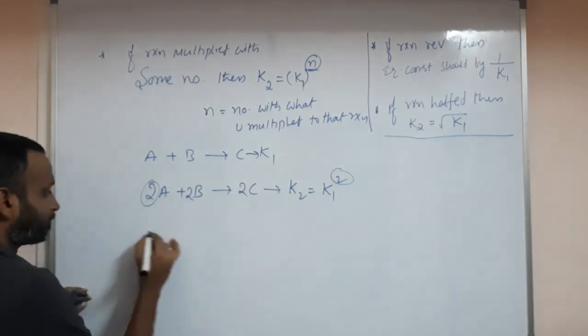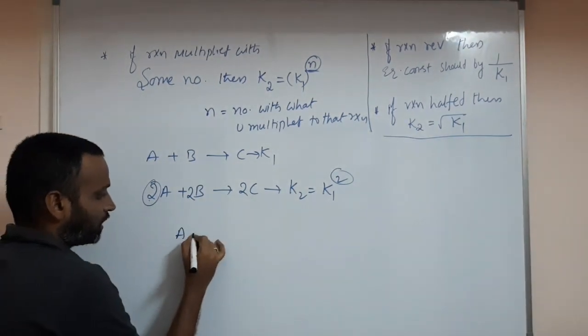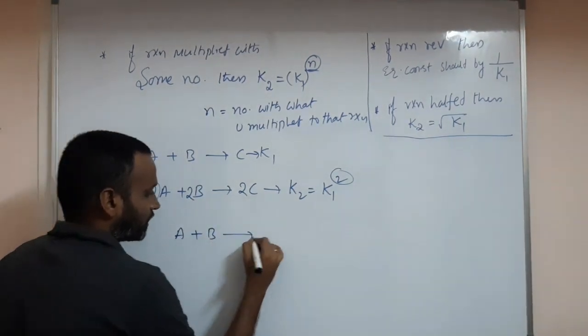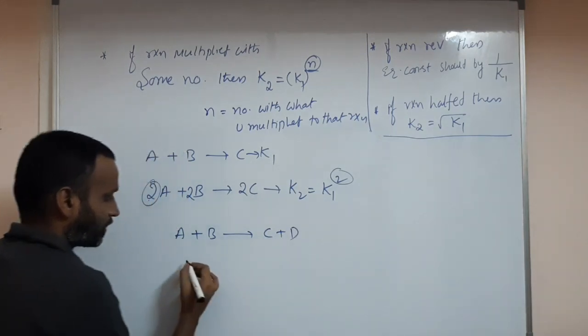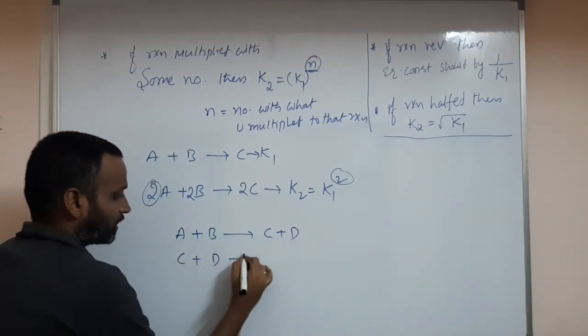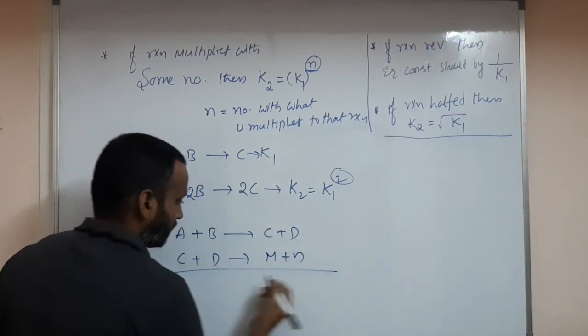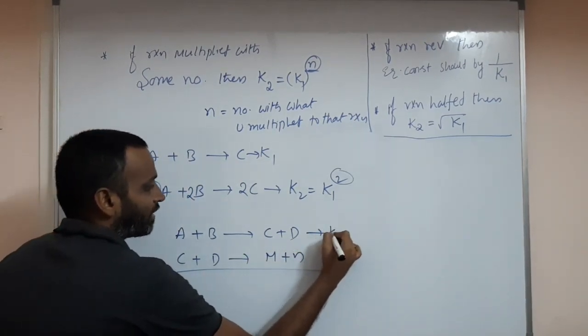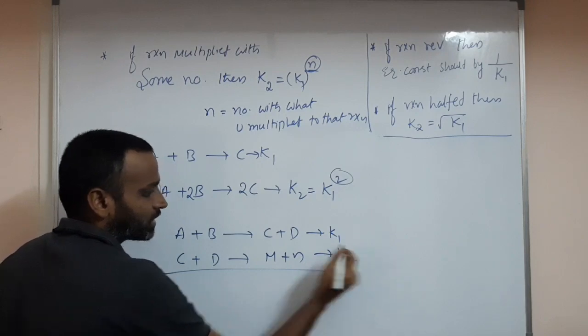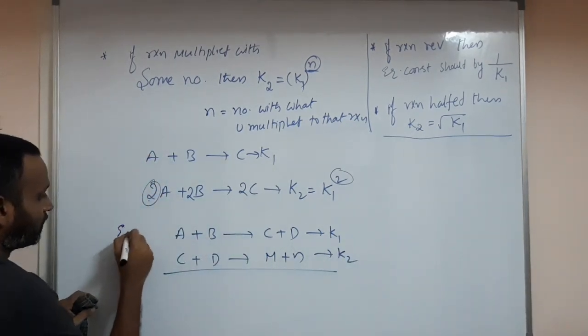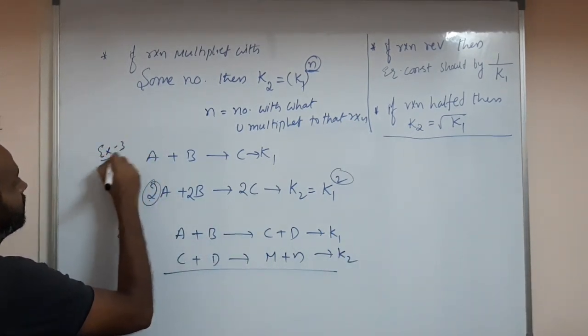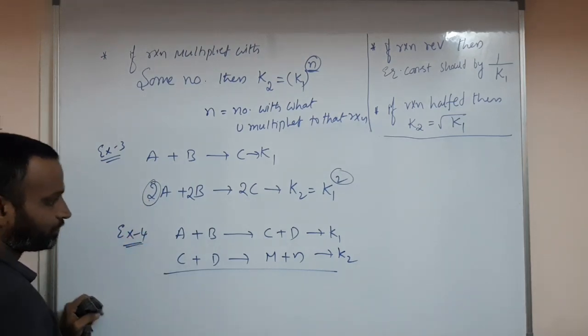Now, one more thing. Suppose A plus B gives rise to C plus D, with equilibrium constant K1. Then C plus D gives rise to M plus N, with equilibrium constant K2. These are important examples: this is example 3 and this is example 4.